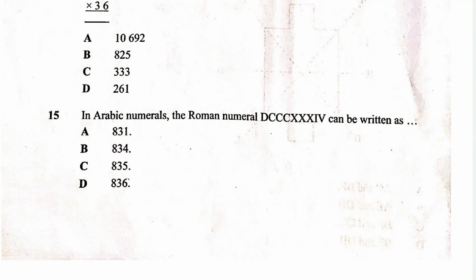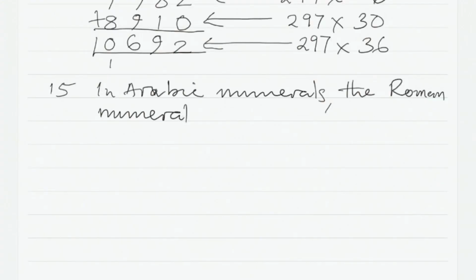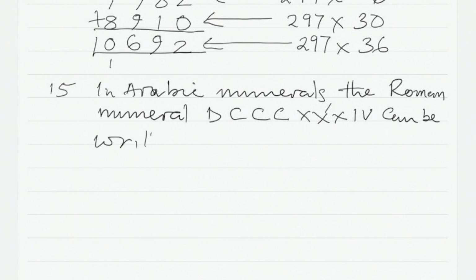Let's come to question number 15. Question number 15 says, in Arabic numerals, the Roman numeral DCCCXXXIV can be written as.